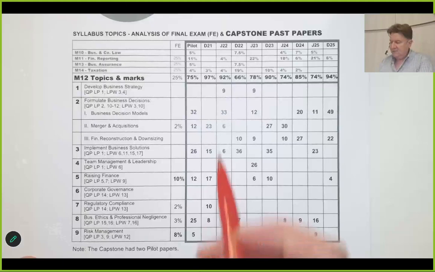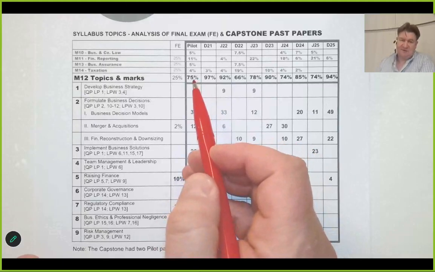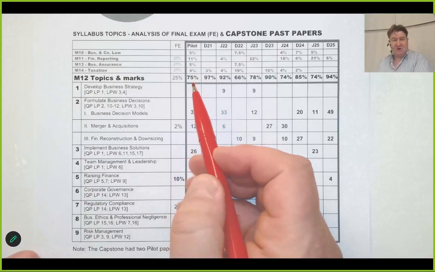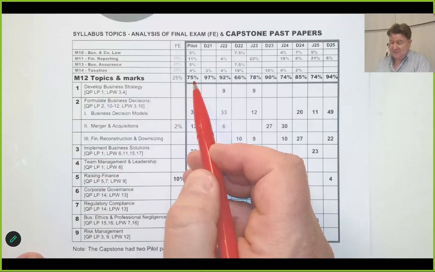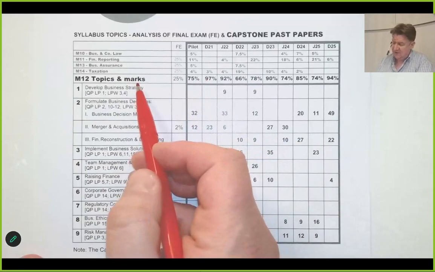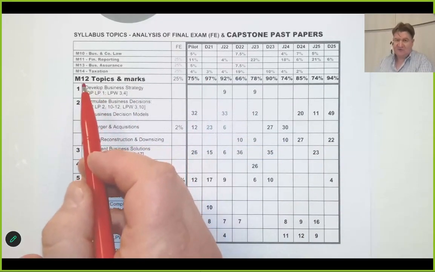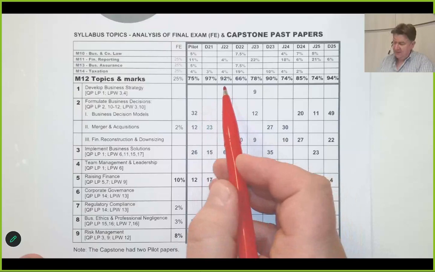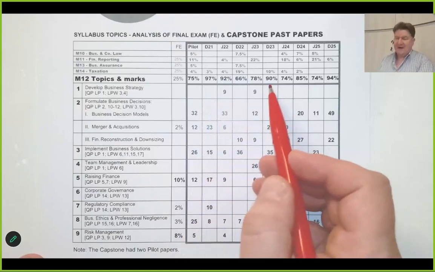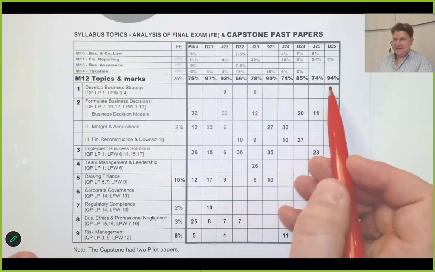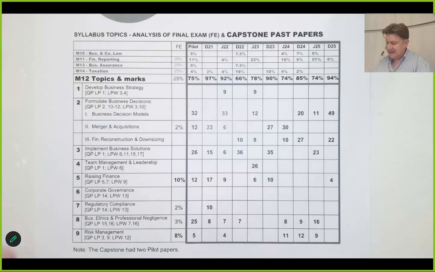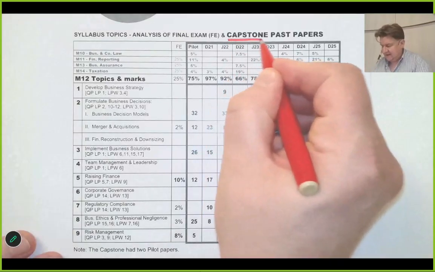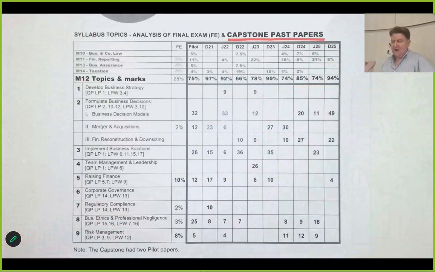Then, when we had the pilot exam showing us what the real exam could be like, we couldn't believe 75% of the marks were on M12 topics. And look, 92%, 90%, in the last exam, 94%. So you can see the past Capstone exam papers here, a lot of Module 12 topics is what we've got.